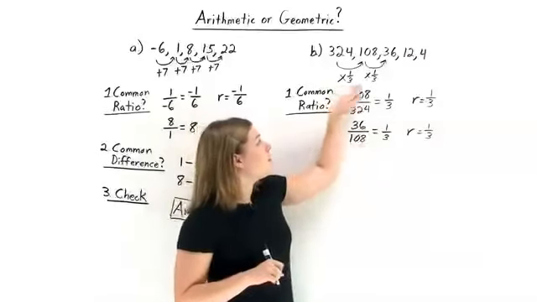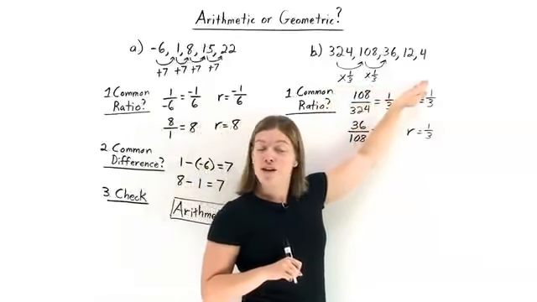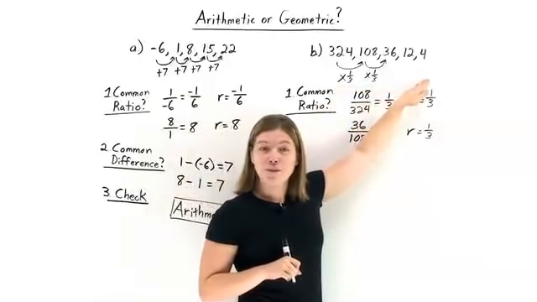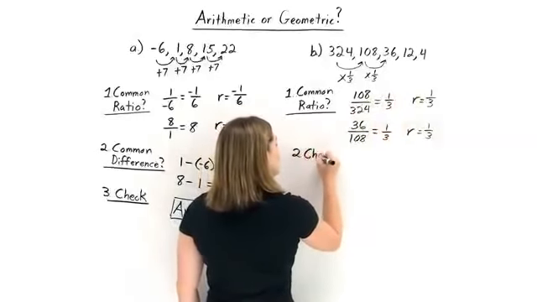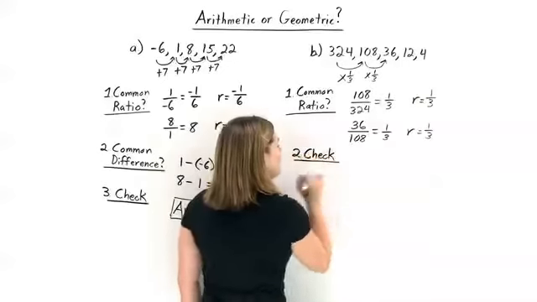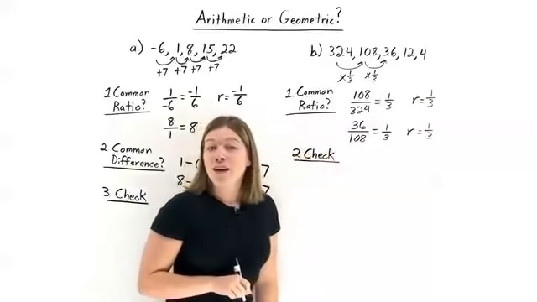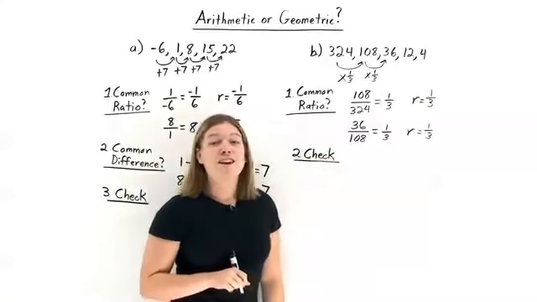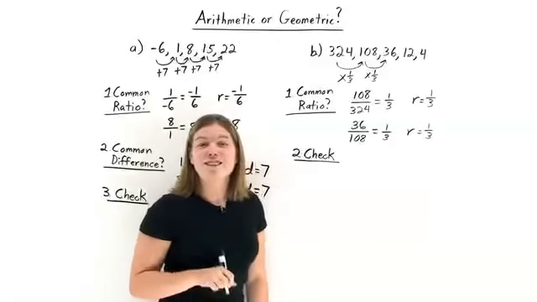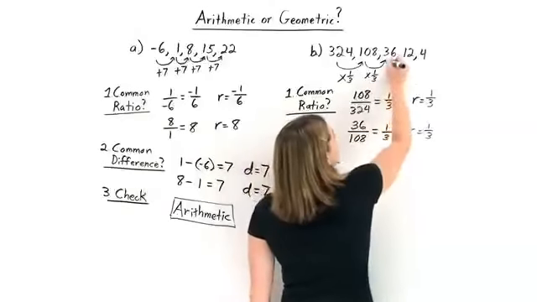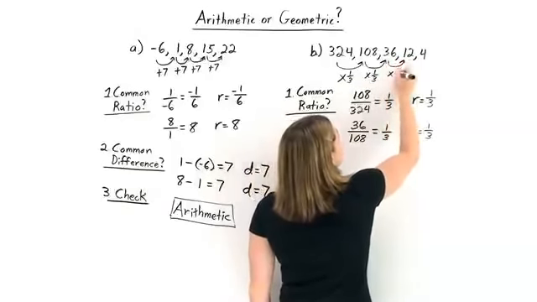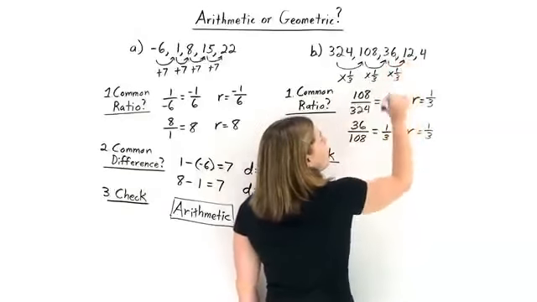But does this pattern of multiplying by 1/3 to get the next term continue? Well, we need to check the rest of the terms in this sequence to make sure they follow this pattern. If they do, we have a common ratio. That means that our sequence is geometric. So let's look. Here, if we take 36 and multiply it by 1/3, we get 12.